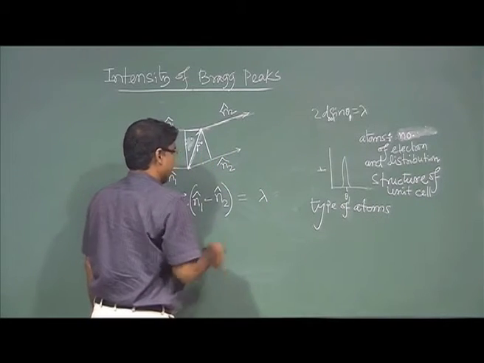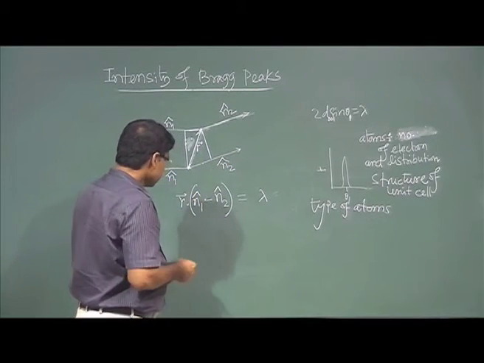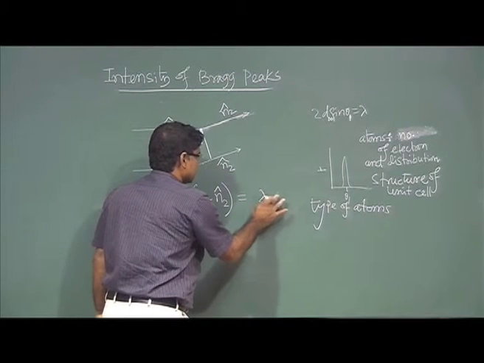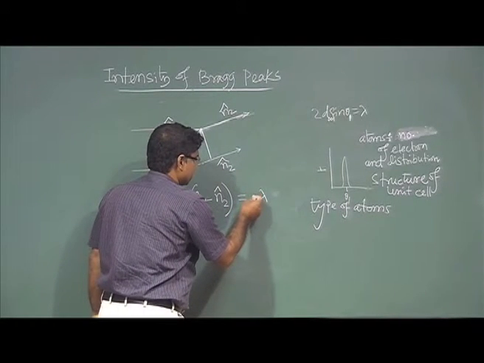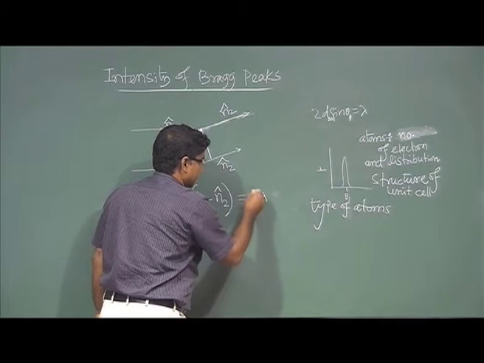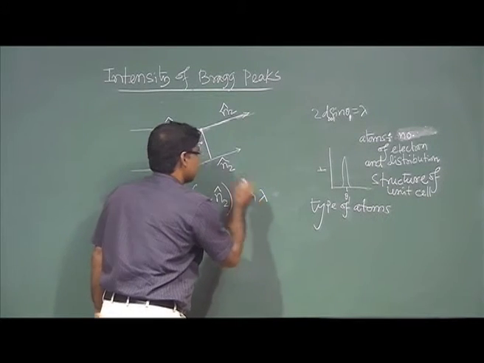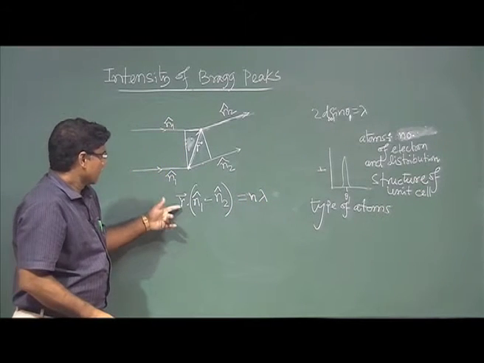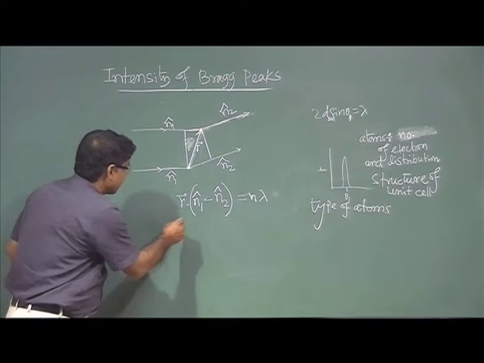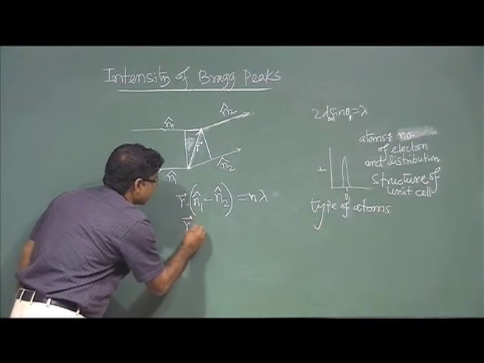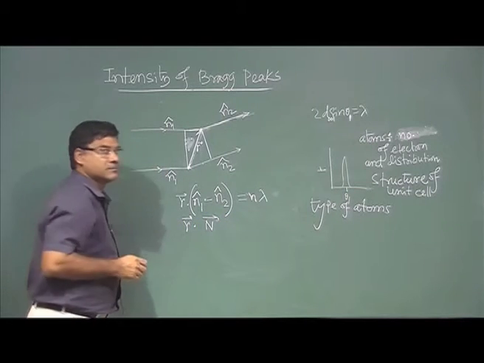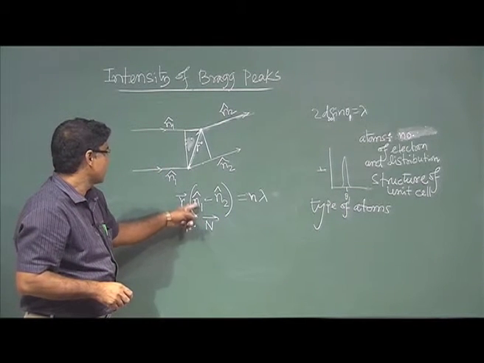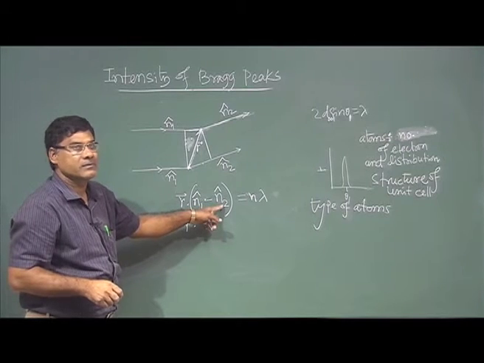So this is some integral multiple, I can put n. So I can write r dot capital N, say, where capital N is n1 minus n2.